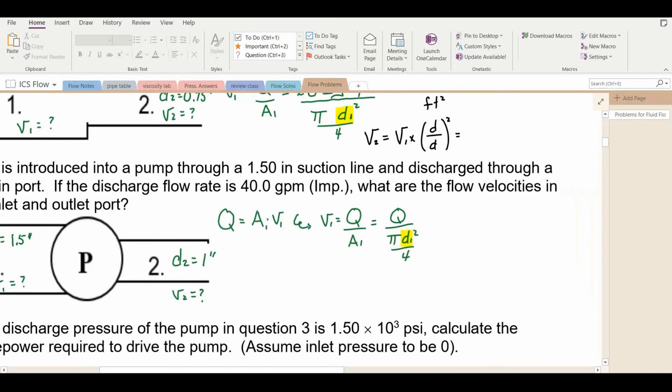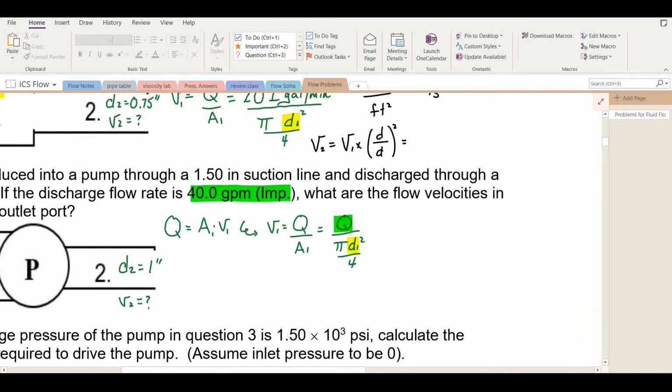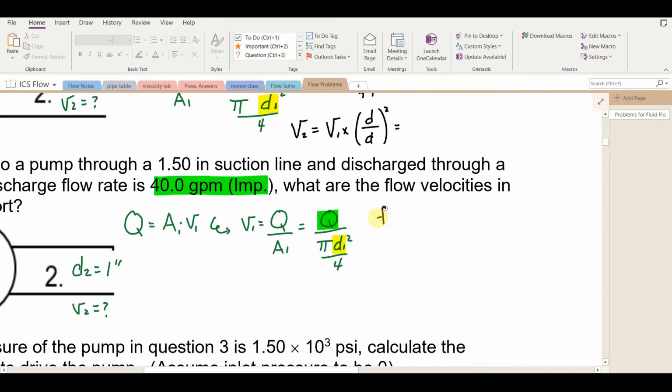And we're given the flow rate here, Q, is 40 imperial gallons per minute. So this is simply a matter of using the correct set of units. You want flow in cubic feet per second, and you want the area in square feet, so that you'll get units of feet per second, and that would be equal to V1.